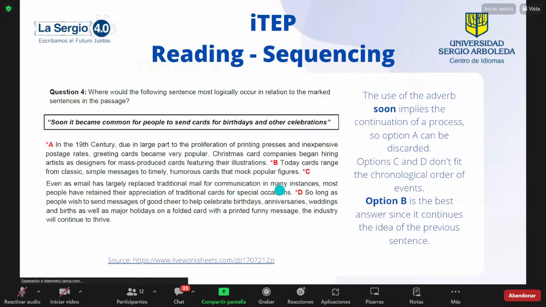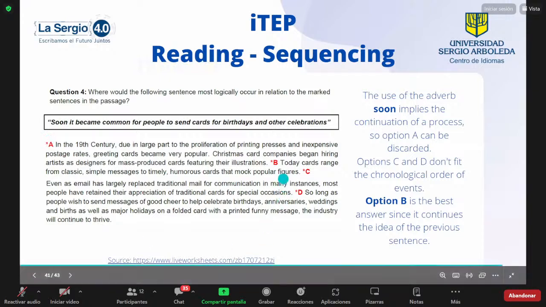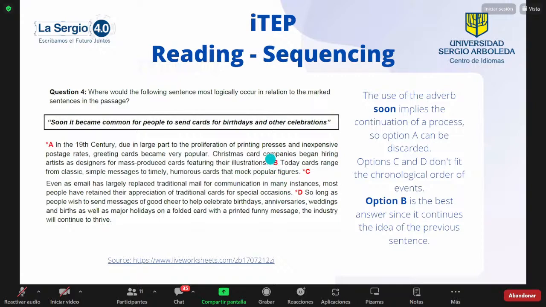Look, it is B because the use of soon implies the continuation of a process. So option A can be discarded, no? It's the continuation, so here is impossible. But also because if you see, it talks about the past, no? Soon it became, en esa época. Mail has already replaced traditional mail.